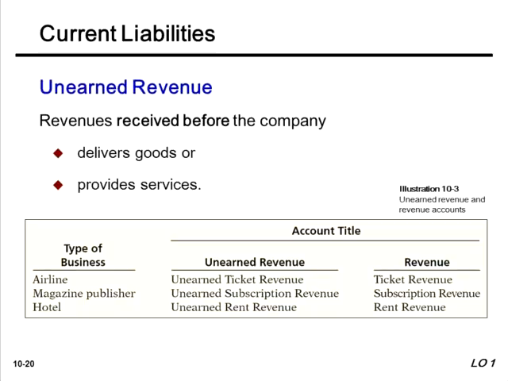However, when we use it, we're going to debit unearned ticket revenue for $250 and then credit ticket revenue for $250. So what we'd be doing there is we would be zeroing out the liability because now the customer has used the ticket and the airline can recognize that revenue.